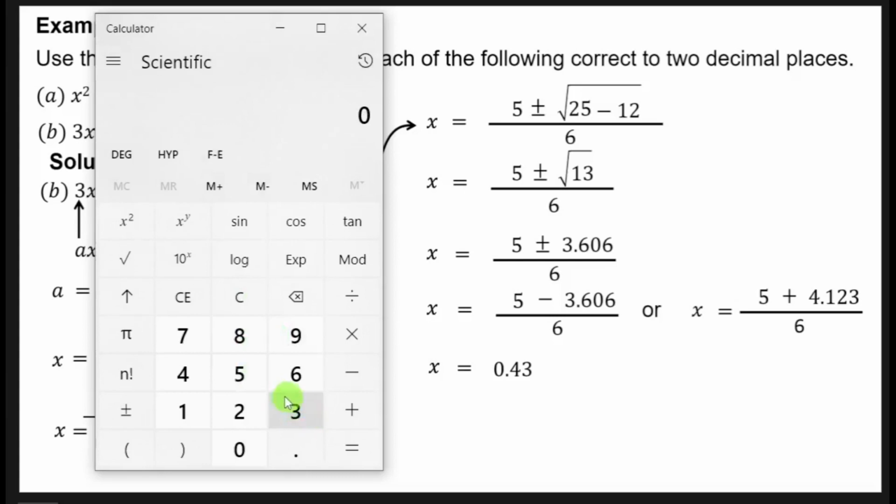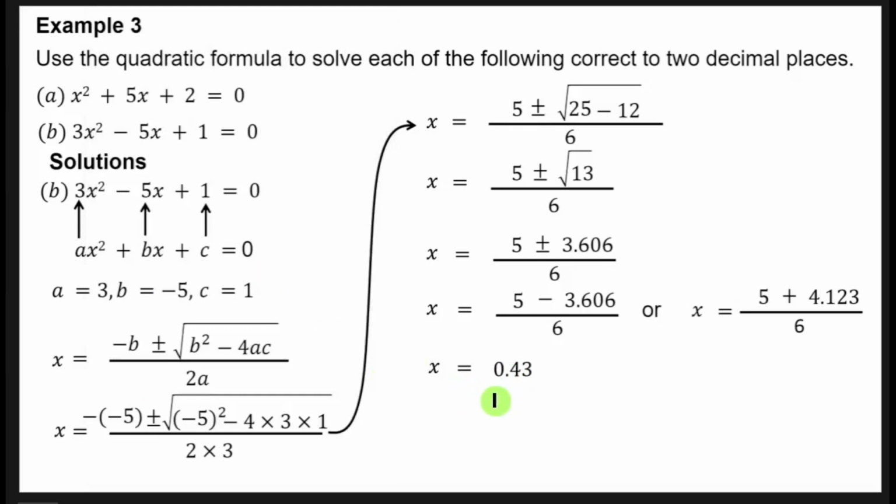We are saying 5 minus 3.606 equals, and divided by 6 equals 0.23. So I made an error here, so it is 0.23. Okay, which is the answer here.